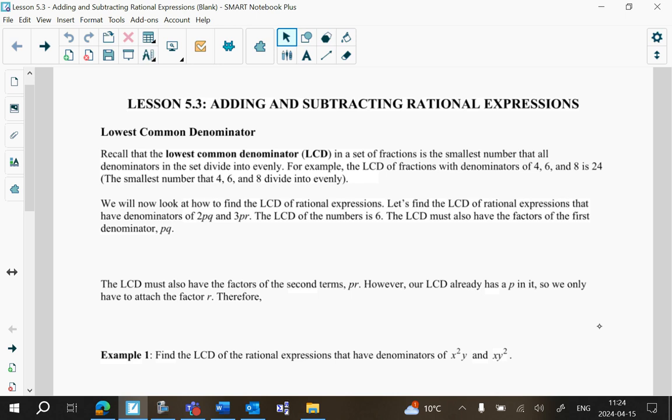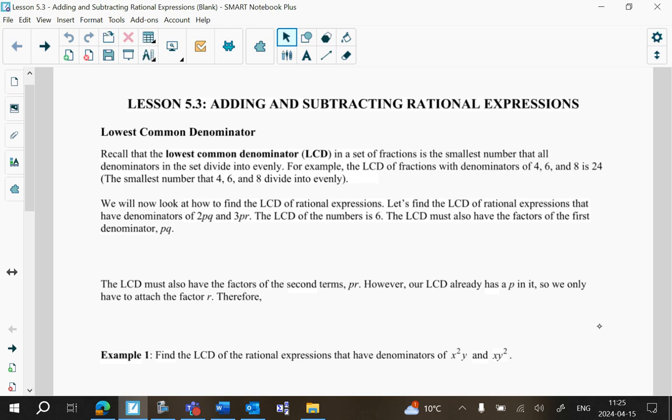Okay. If I had denominators of 3 and 8, what would be the lowest common denominator? 24. 3 doesn't go into 16.